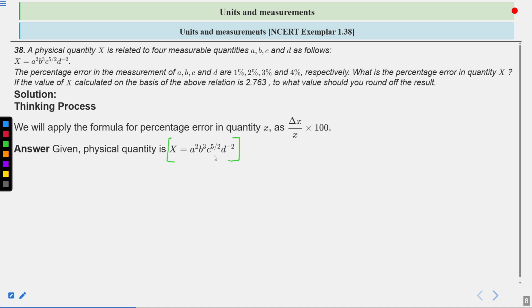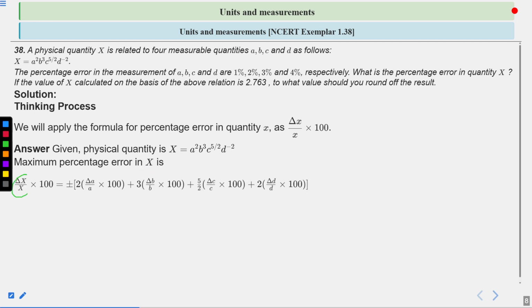The maximum percentage error in X is delta X divided by X into 100. If we want to calculate the percentage error of any physical quantity, first of all, we take the absolute error divided by the original value, multiplied with 100. So it represents the percentage error of X, on the LHS side.